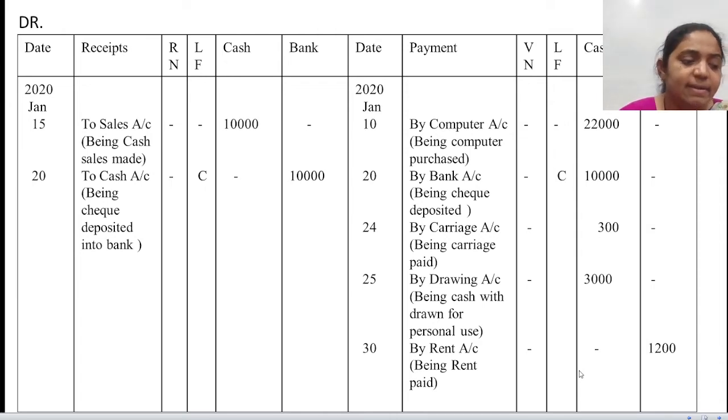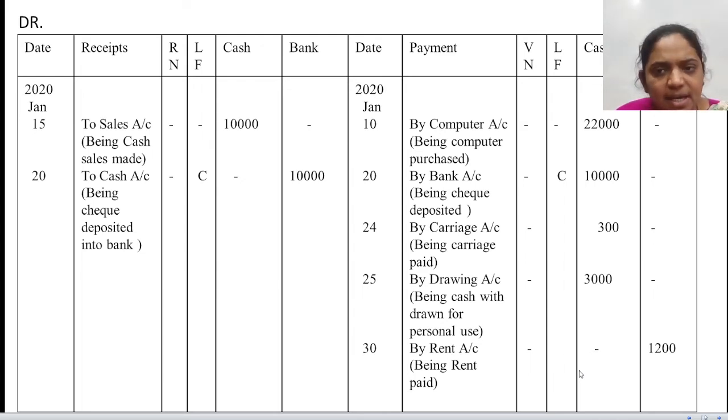So over here, for the 20th entry, whenever Rakesh check is deposited into the bank, the entry will be bank account debit to cash account. That means you will write 20 bank account debit side, to cash account being check deposited into the bank. In the LF you will write C. In the bank column you will write 10,000, the same as the 15th.